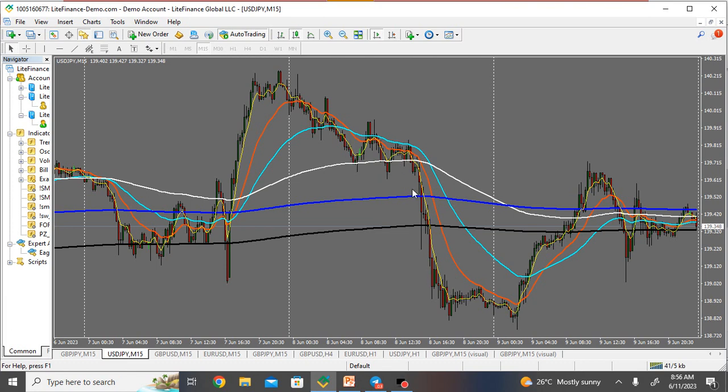You know it is going to drop when you see the shift candle below the 20 EMA. After the cross there was a shift candle below the 20 EMA here. The shift candle should be at least below this one, almost 20 pips.